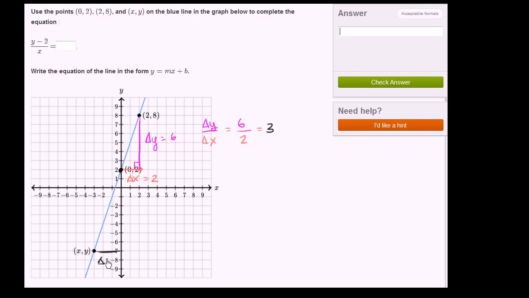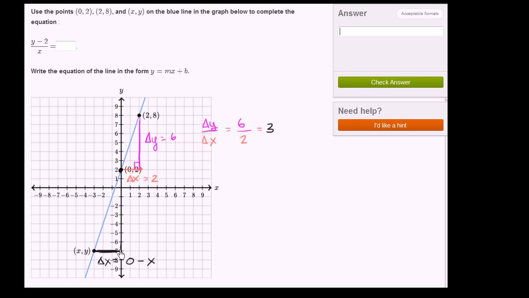My change in x is going to be equal to, well, I end up at x equals 0, and I started at x, so my change in x is going to be 0 minus x. And if that doesn't make a lot of sense, just think about it. If x is -3, then our change in x is 0 minus -3, which is 3. The length of this side of the triangle right over here is 3.